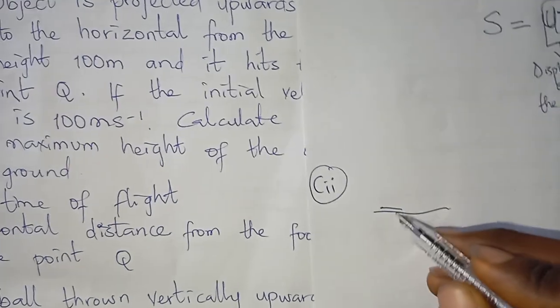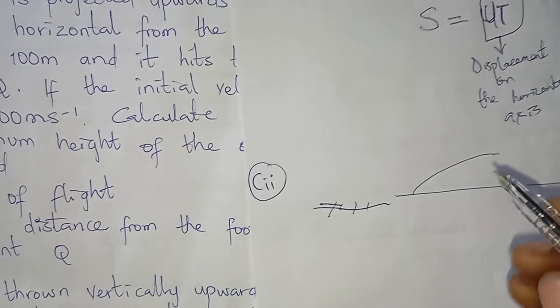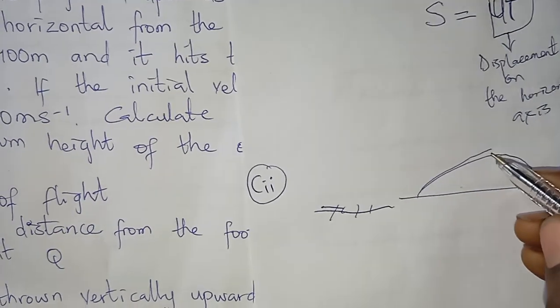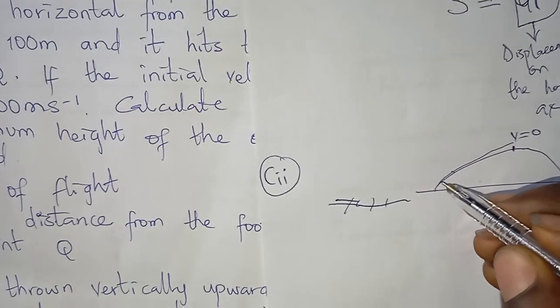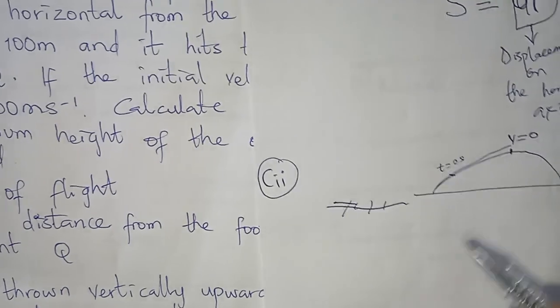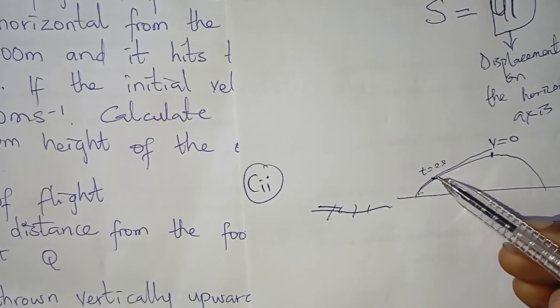So let's say this is the horizontal. It is launched. As it's going up, once it gets to the maximum height, v will be equal to 0. But let's say this is 2 seconds after it is launched, t at 2s. As it's going up, it has a velocity carrying it up.